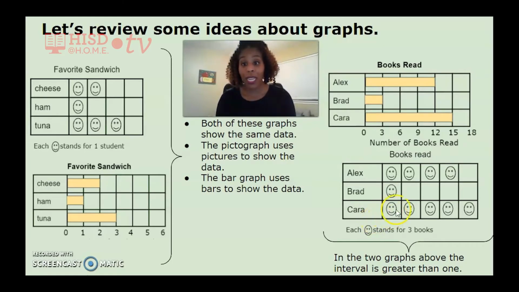Kara read 3, 6, 9, 12, 15 books. Because remember, we're counting by 3 because each smiley face represents 3 books. So we're using the same information, but we represent it using a pictograph, and we also represent it using a bar graph.